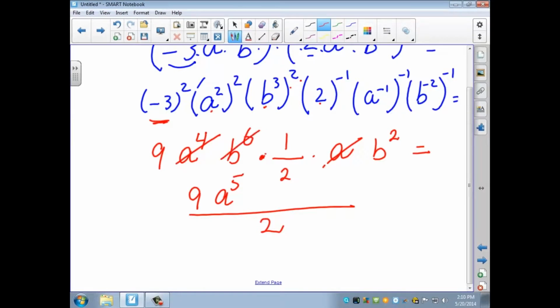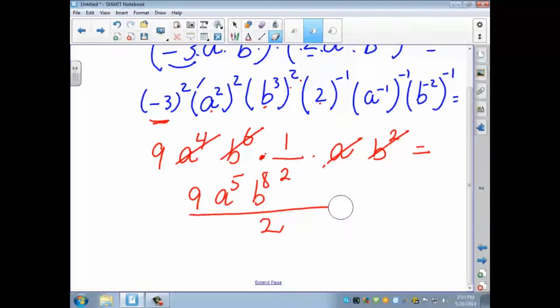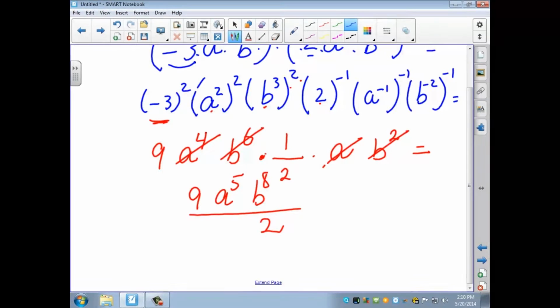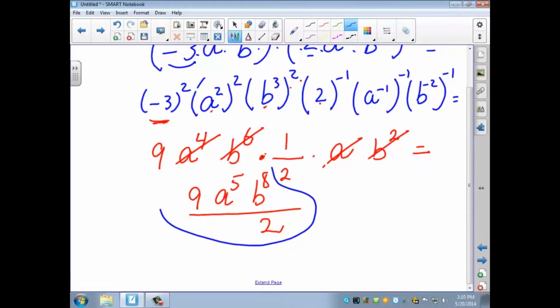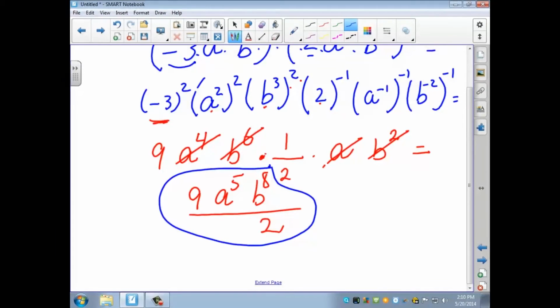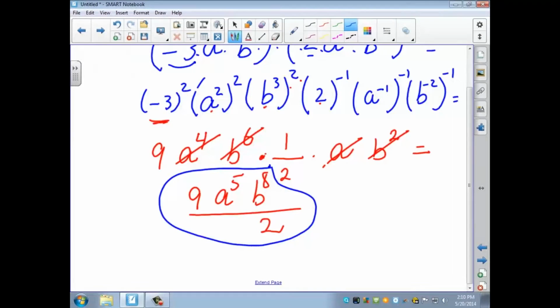I have b to the sixth times b to the second, that would be b to the eighth. So that would be your final answer: 9a to the fifth, b to the eighth, divided by 2. That would be your final answer for this problem.